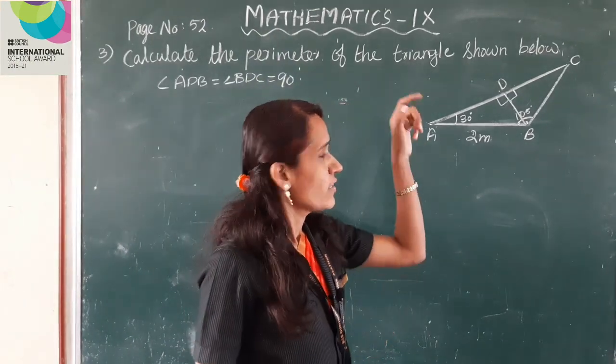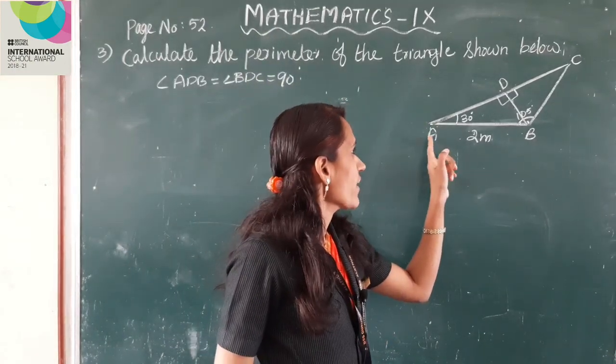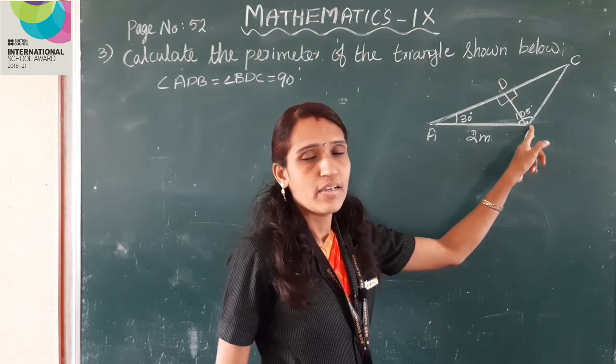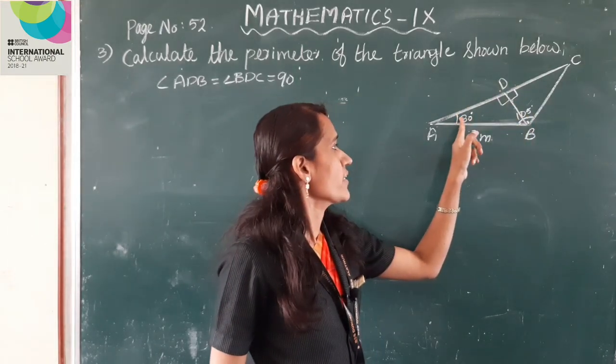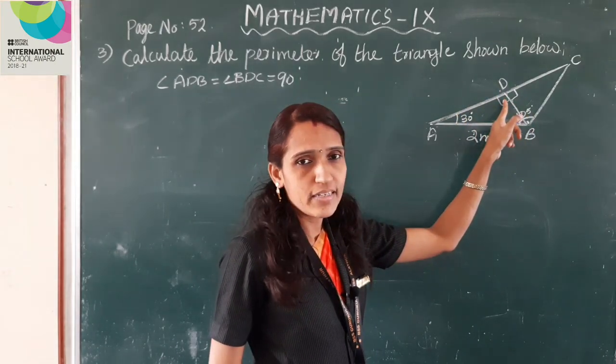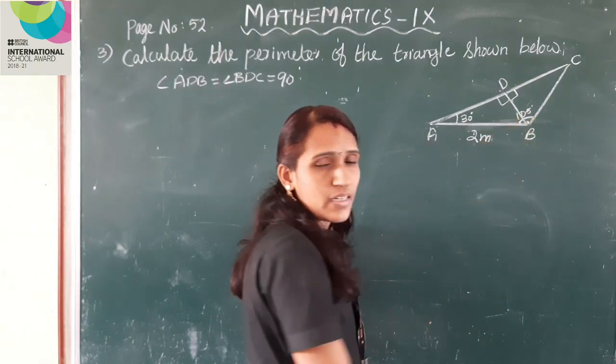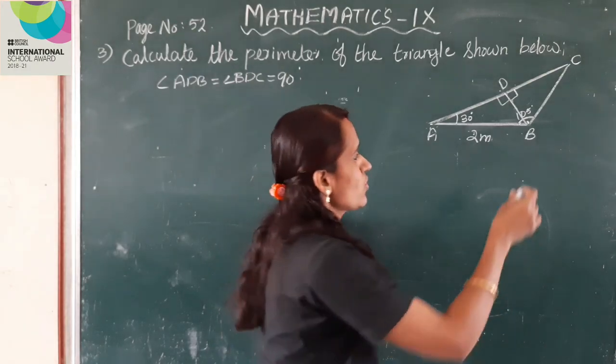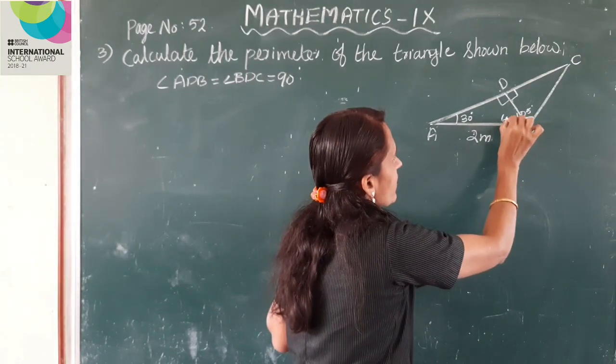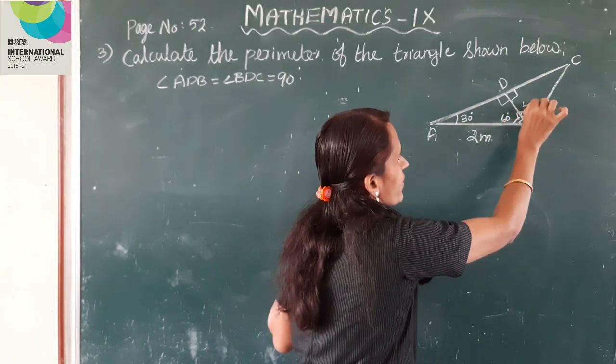Here, consider this triangle ADB. Angles are 30 degree and 90 degree. So, this angle divided to 60 degree and 45 degree.